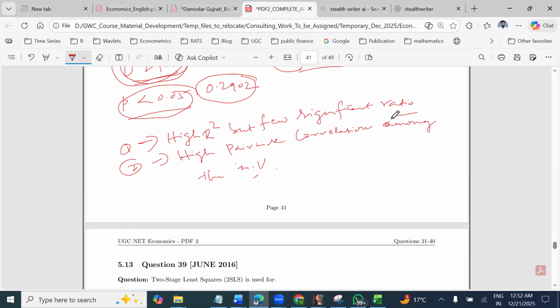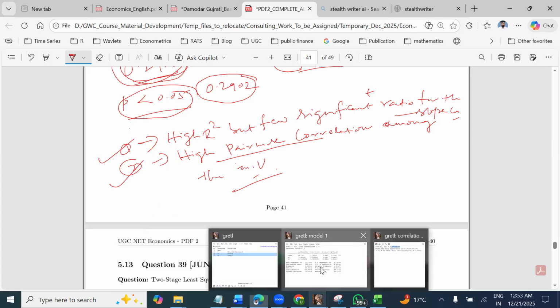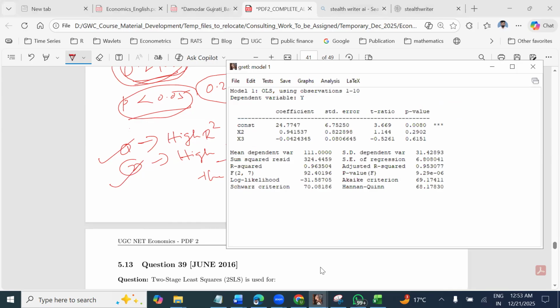Few significant T ratios for the slope coefficients. Then high pairwise correlation among the independent variables. Because of these two reasons we have multicollinearity. Is it clear? Yes, sir. Somehow it is clear.